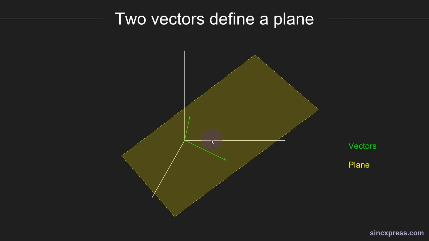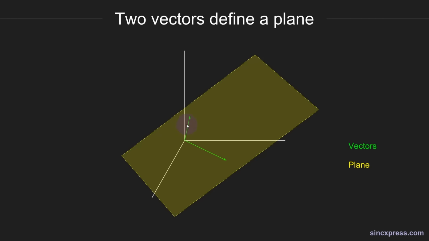So how do you create a plane from these two vectors? Well, the idea is that if you would take these two vectors and add them together, that would give you some point. It might be a point that's over here. And then if you would take some scaled version of this vector plus some scaled version of this vector, that would give you some other point, maybe it would be here.